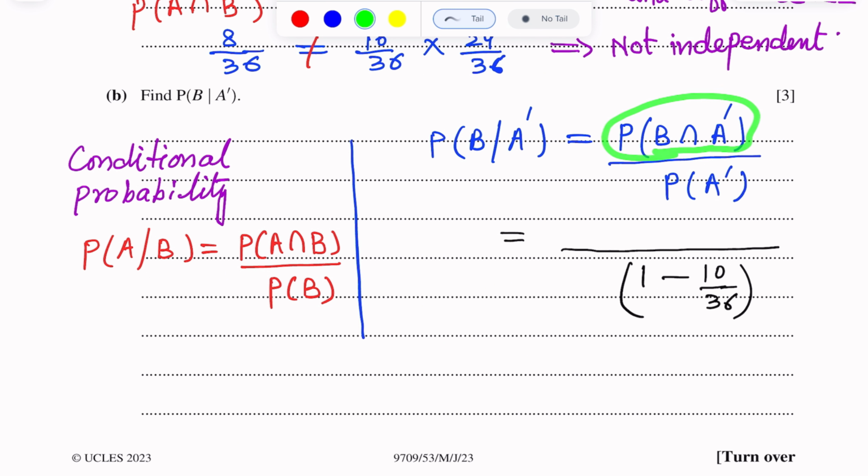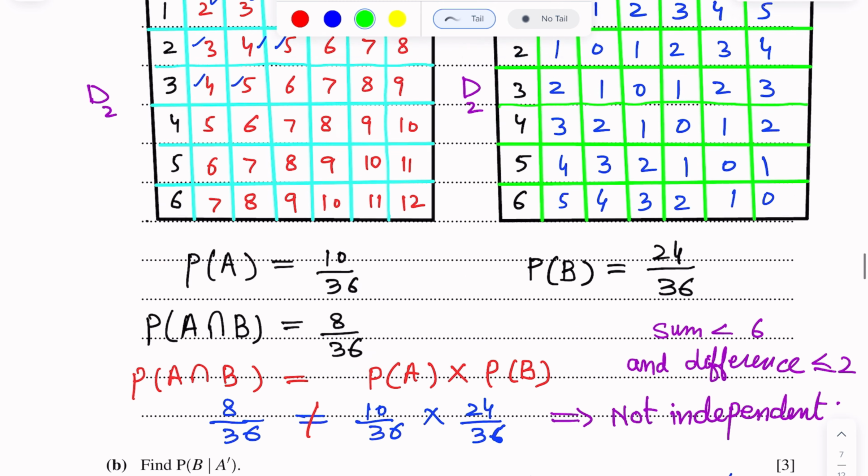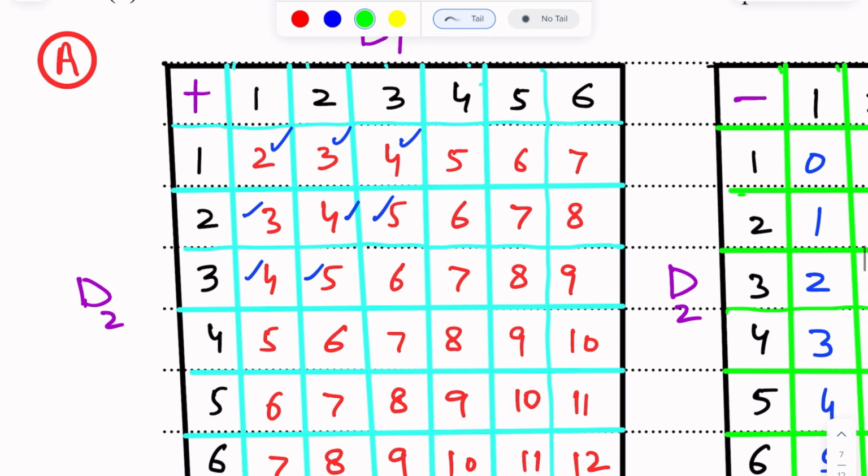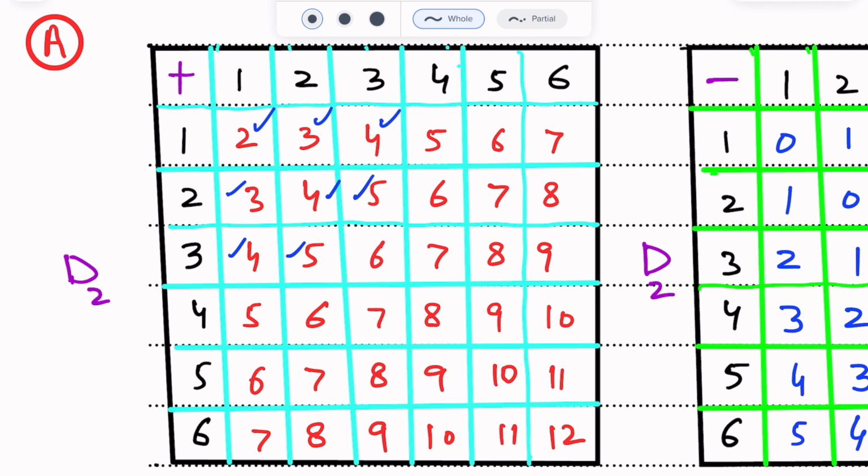B intersection A dash means the difference is less than or equal to 2 and sum is greater than or equal to 6. So we will take help from the diagram.